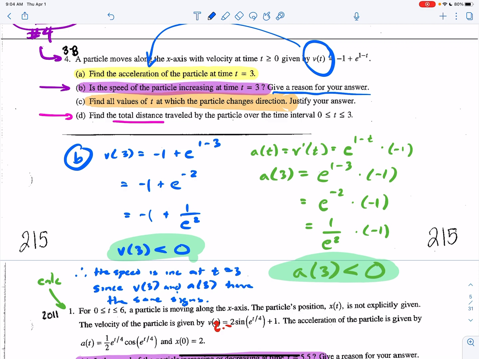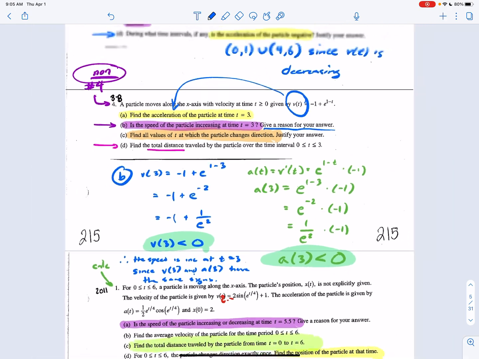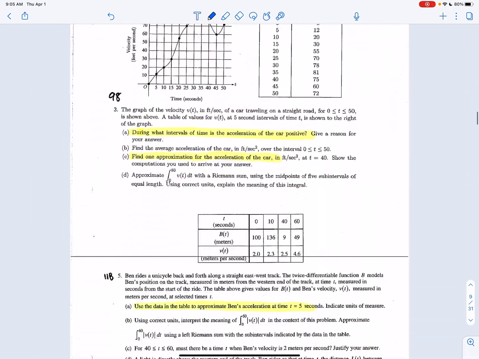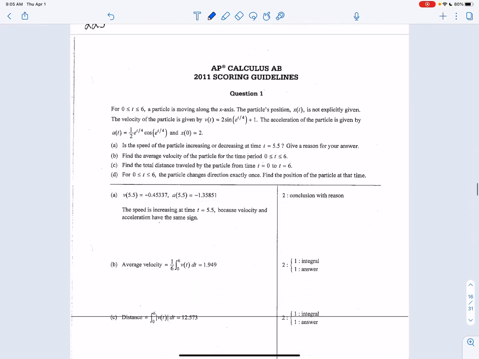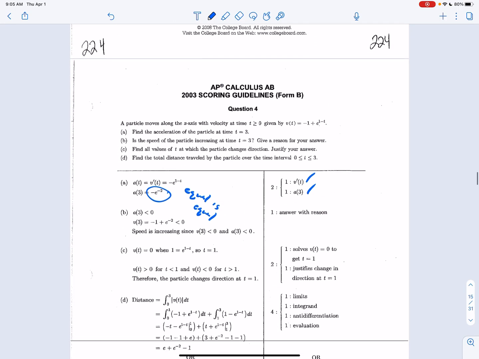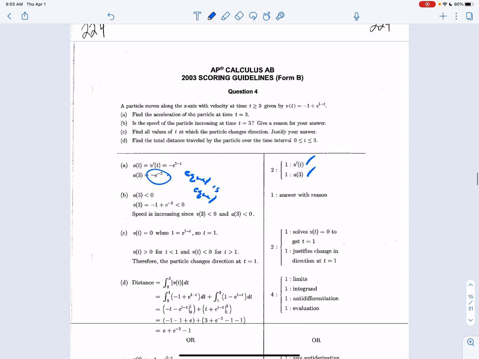So remember, you need two pieces of information in order to get your points, right? You need to know what velocity and what the acceleration is at this time, and then you make a conclusion. I haven't looked at the scoring guideline yet, but I assume it's a 2-point question, okay? But let's take a look. 2003B. Okay.